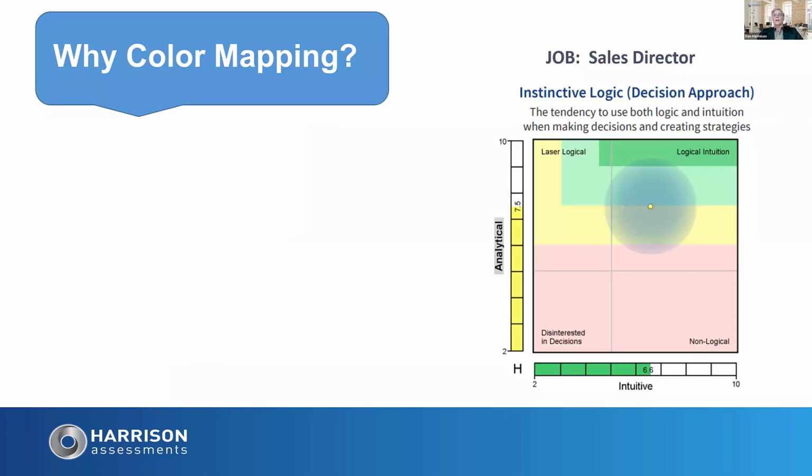Okay, and we use a color mapping system, and the color mapping is green, actually two tones of green, and yellow and red, similar to what we have on the thermometers of the other reports. So the green, of course, means that you're doing fine. The dark green is really ideal.